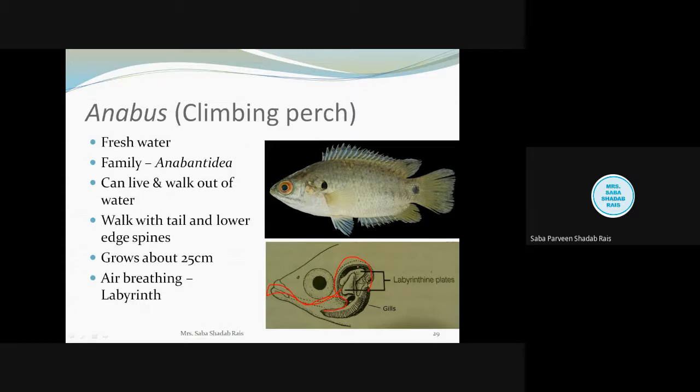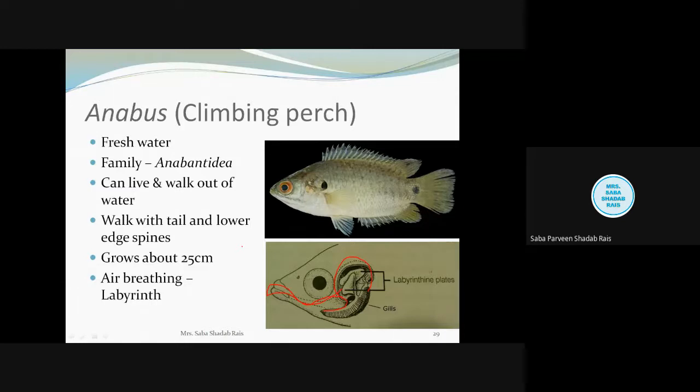Now how do they breathe? The basic idea is they have to stay out of the water. If water is available, dissolved oxygen is used and normal breathing will happen, as we have learned in the previous case. But when they are outside the water, at that time the air will enter into this particular chamber.